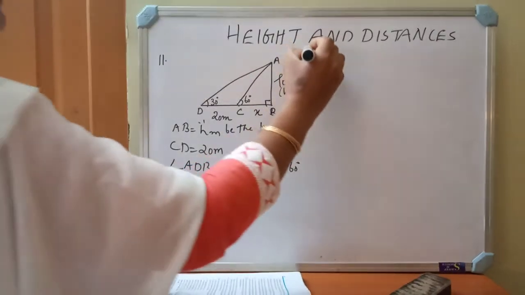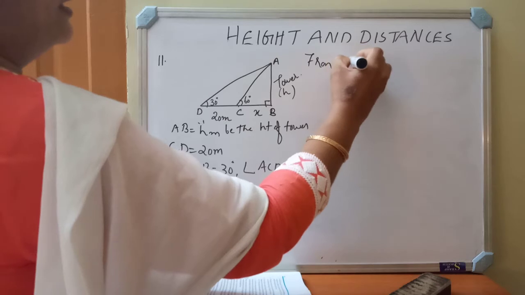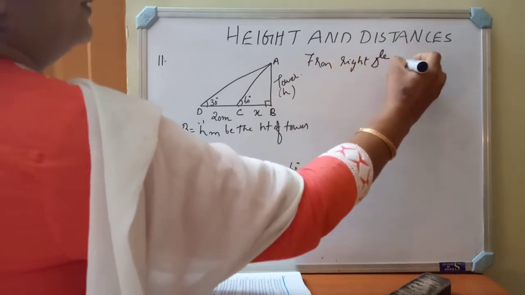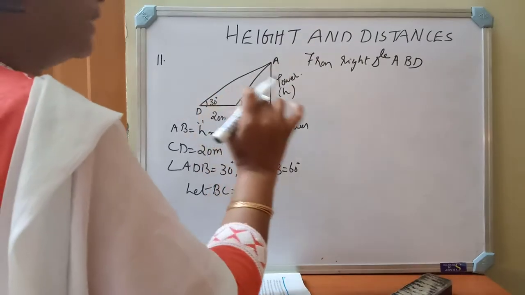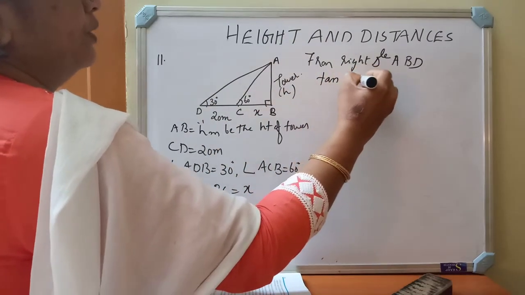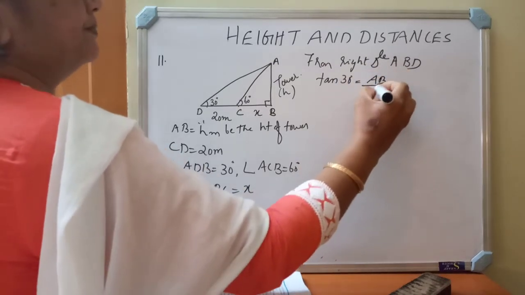Okay. So from right triangle ABD, opposite by adjacent, that is tan. So tan 30 is equal to AB divided by BD.